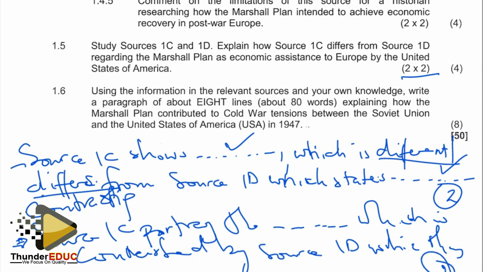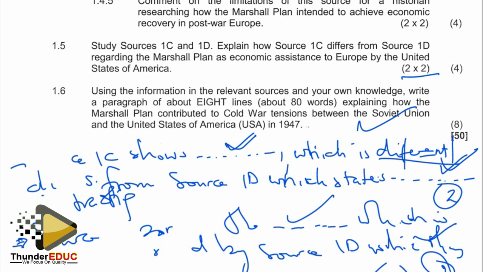You get 2 marks. So at the end you end up getting a total of 4 marks by giving 2 responses where you figure out what is in one source and the other source. You again go to find another example of what is in source 1C and another example of what is in source 1D. This is 2 marks, this is 2 marks to give you a total of 4 marks.